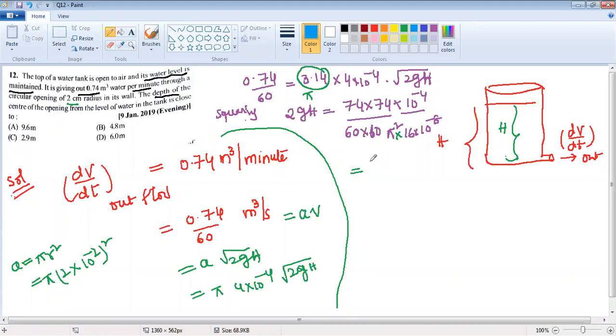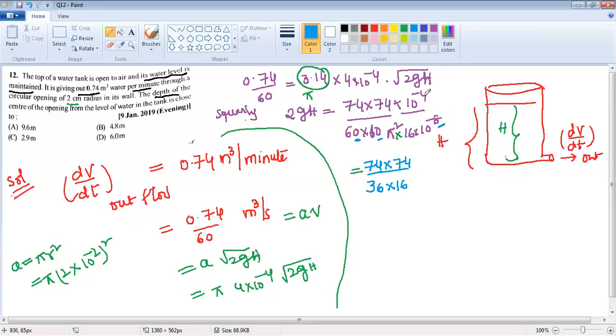So then what will happen? What is remaining? This is 74 into 74 by 16 into 60 into 60, which is 36 into 16. This is 10 power 2 and this is 10 power minus 8, so the remaining is 10 power minus 6.